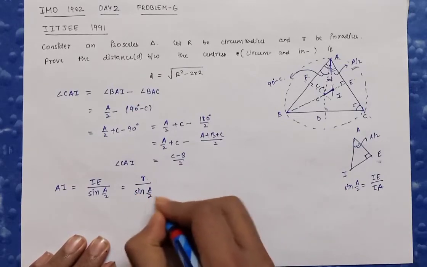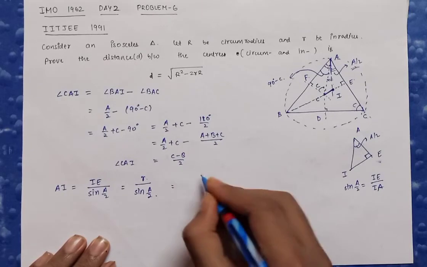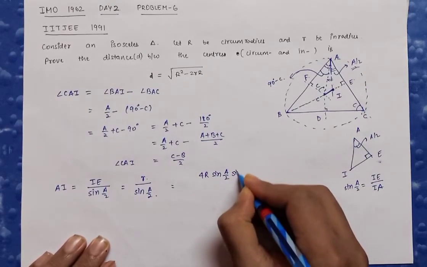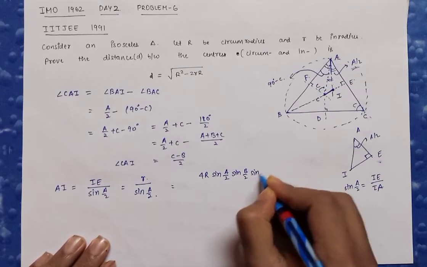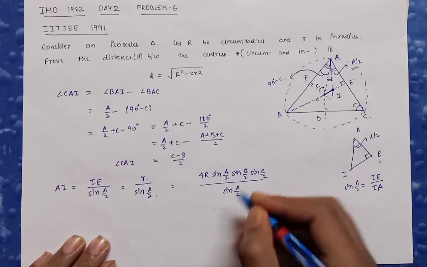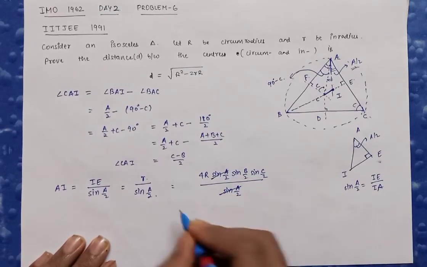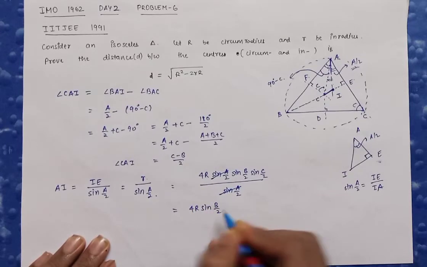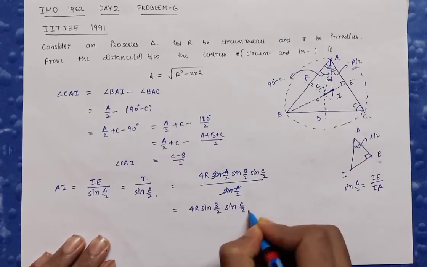We also know that small r equals 4R sine A by 2 sine B by 2 sine C by 2. So AI is that divided by sine A by 2. Sine A by 2 will get cancelled out and AI will turn out to be 4R sine B by 2 sine C by 2.